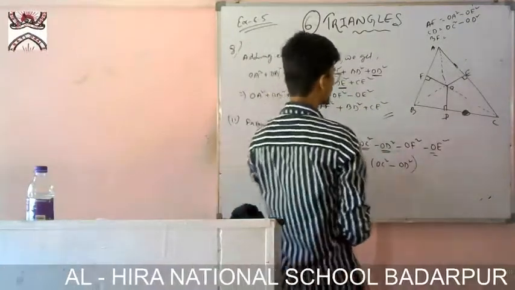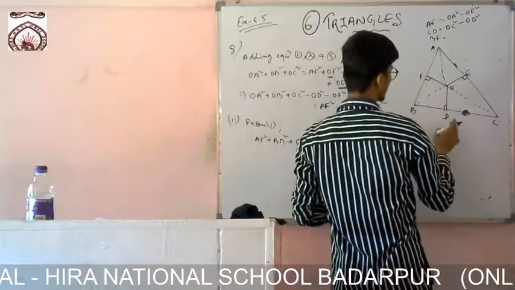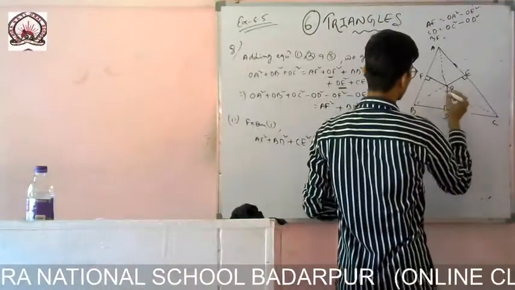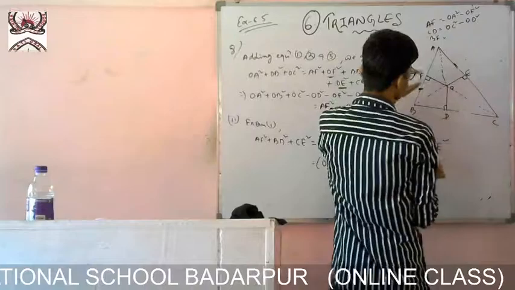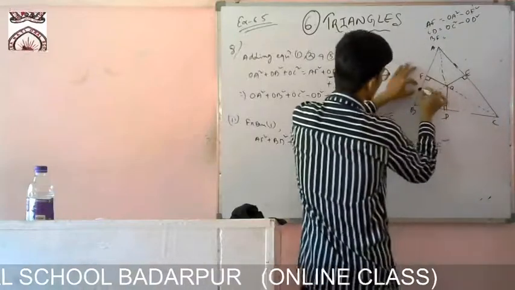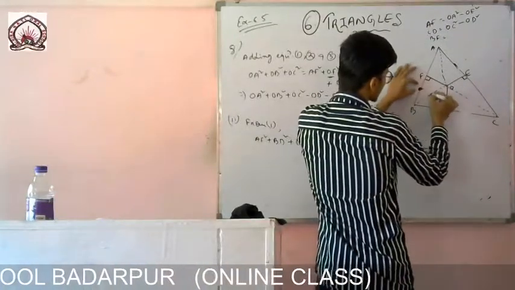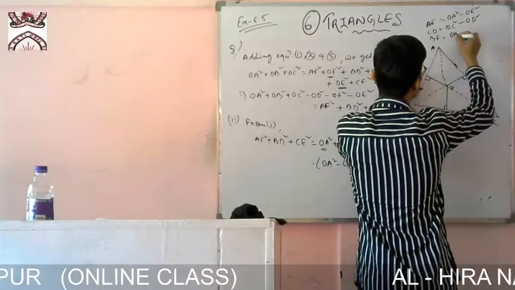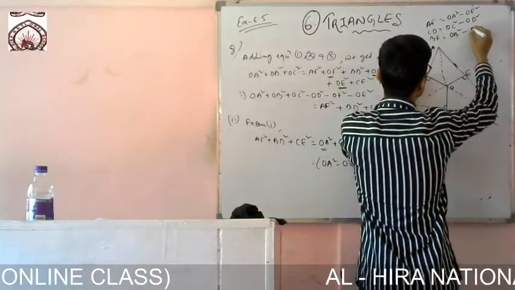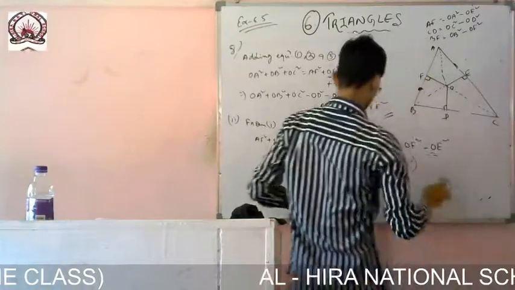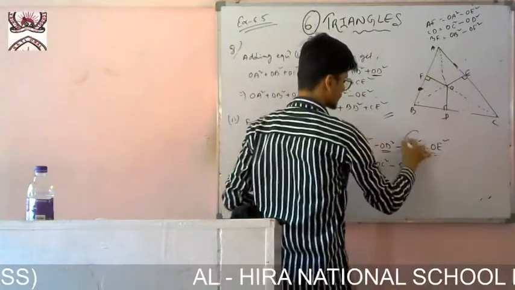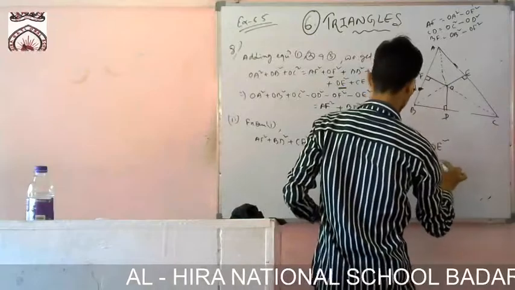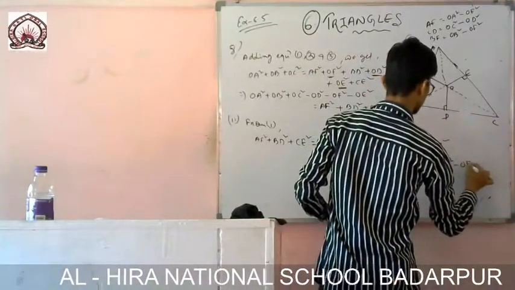Now for the third one, I need BF. So BF where? It is this side. This is the right triangle, this is the hypotenuse. So the side will be equal to hypotenuse, that is OB square minus OF square. So plus OB square minus OF square.